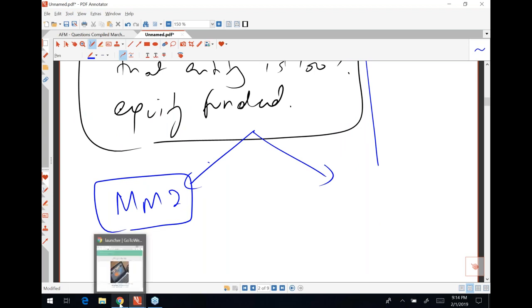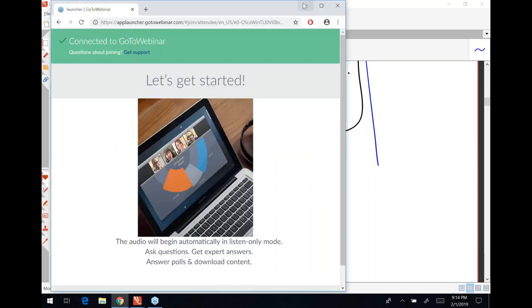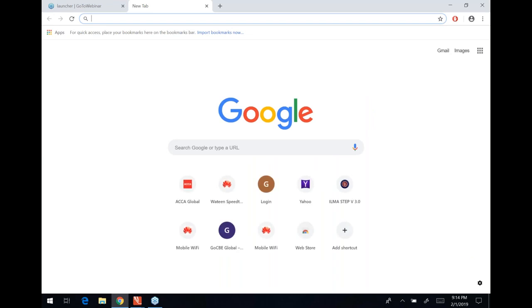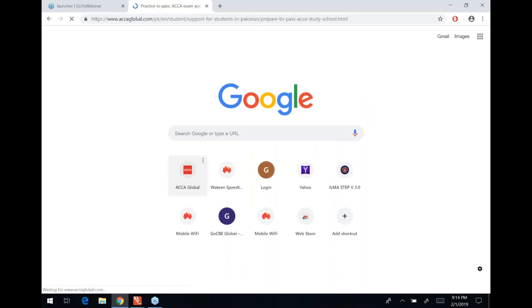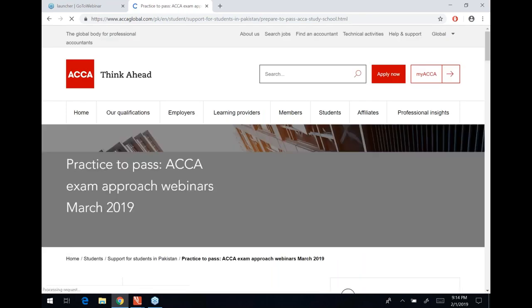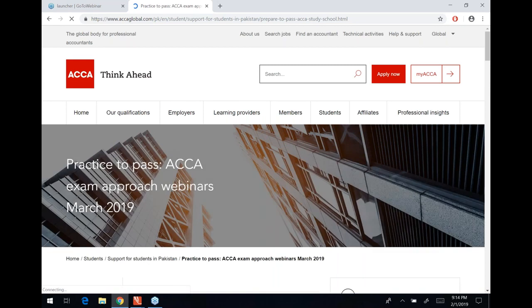Now, you may ask the question, what exactly do you mean by using MM2? So I'm going to give you an idea of how we use MM2. If you go to the exam paper, you would find that the formula sheet of the examination contains this MM2 formula.